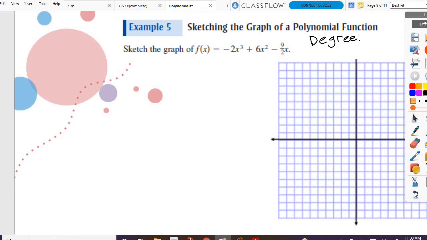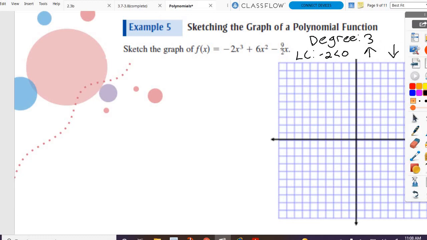We all okay with that? Is 3 even or odd? It is odd. And then what is our leading coefficient? Negative 2, which is negative. So what are our ends going to do? As x goes to negative infinity, y is going to go up. So we'd be up on the left and down on the right.